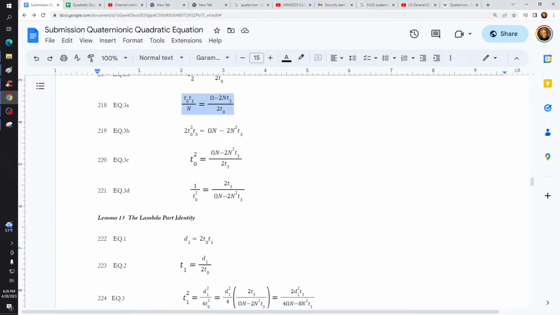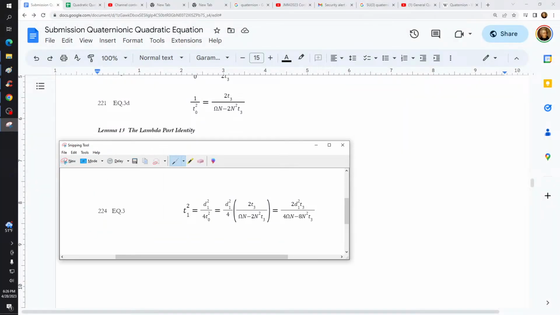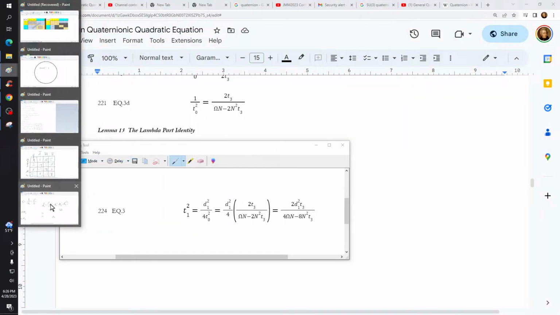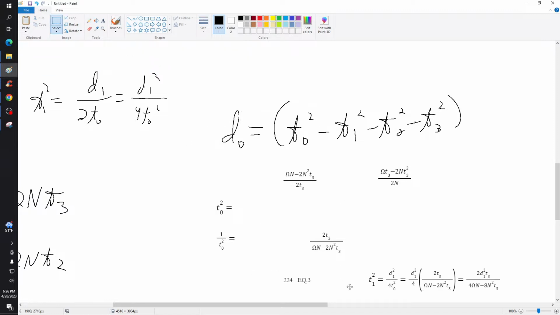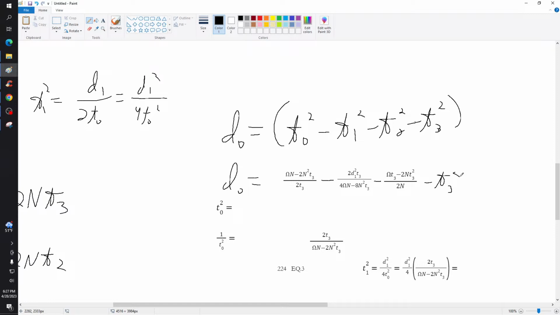So when you multiply that all together, we end up with t null squared equals this expression. So what we end up with is an equation in one variable that can all be taken back to the coordinate t3 mu 2. So d null equals this minus this minus this minus t3 squared.